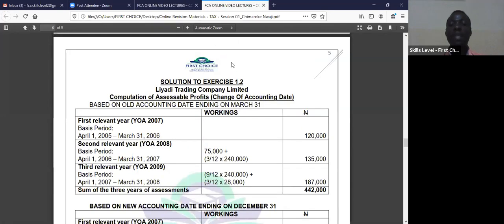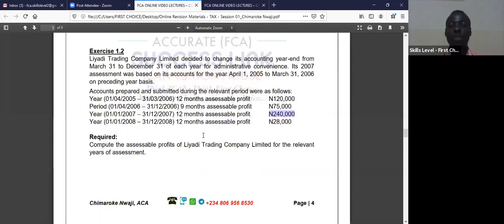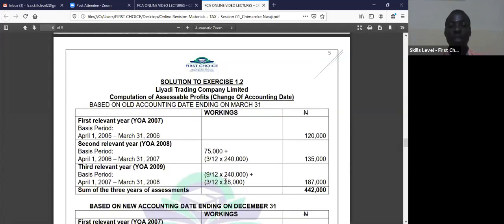Then the remaining 3 months, you're going to take it inside this figure, because this is a 12 months figure. They're going to take the remaining 3 months inside here. So the 3 months inside this one plus this 9 months of this. Let's look at how it's going to be like. We have 9/12 times 240.